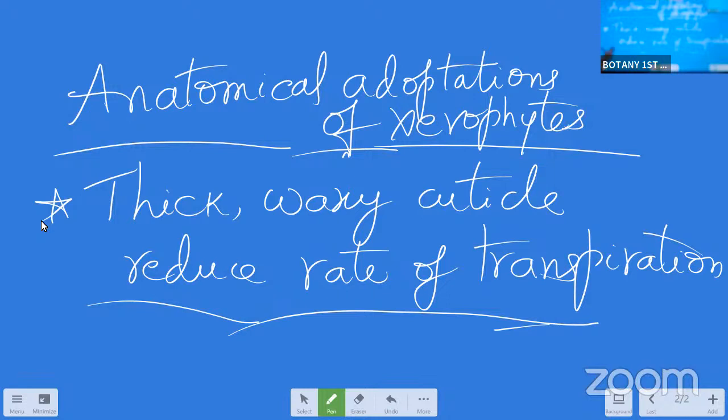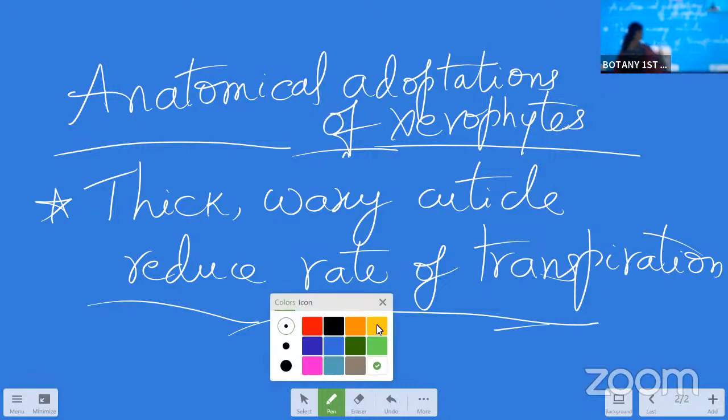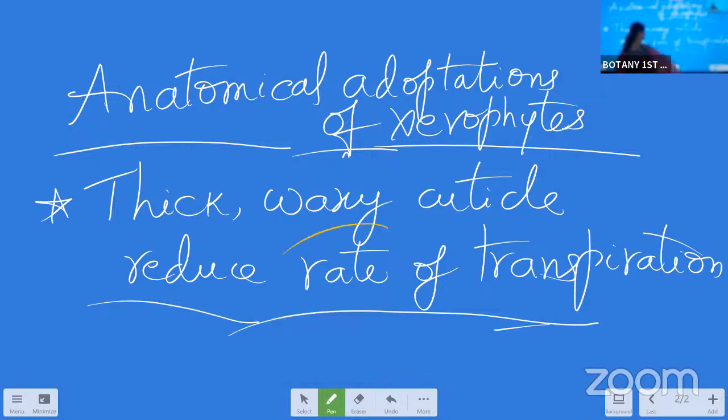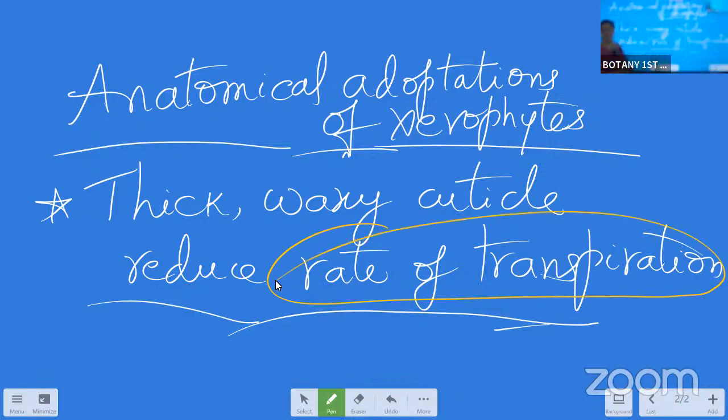Some points are very, very targeting. So a thick waxy cuticle is present to reduce the rate of transpiration. This phrase, rate of transpiration, is very, very important. You have to mention it.